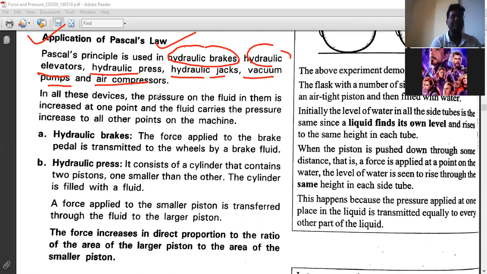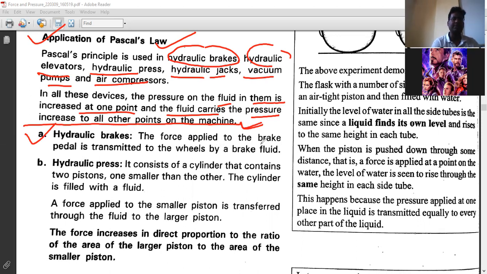In these devices, pressure on the fluid is increased at one point and the fluid carries the pressure increase to all other points on the machine, right? So pressure is applied at one point and the effect of that is seen all over the container or the machine. Your first point is hydraulic brakes.